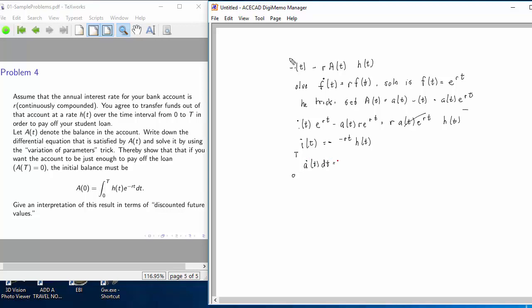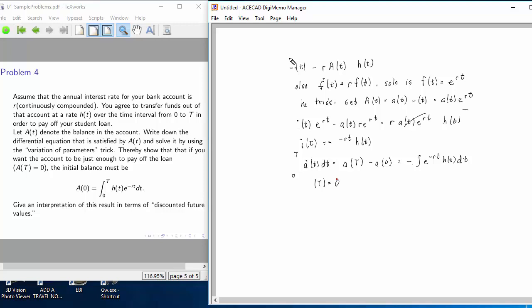And the integral of the time derivative of a is very simple. That's just little a of capital T minus little a of 0. But it's also equal to minus the integral of e to the minus rt h of t with respect to time. And I'm almost done, because at time T, my loan's going to be paid off, so a of capital T is 0.